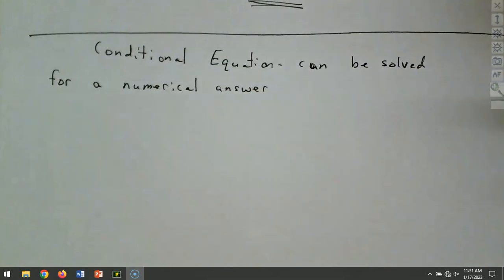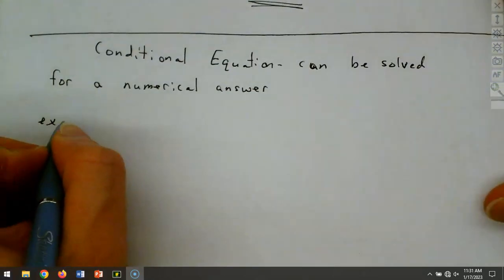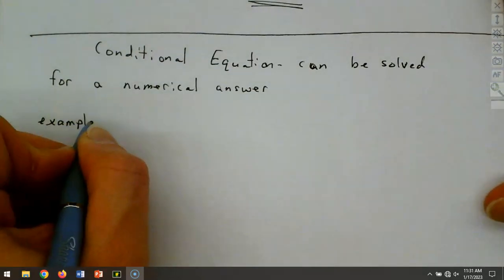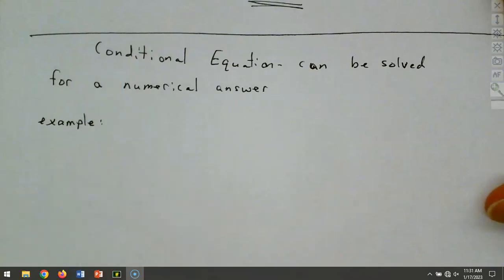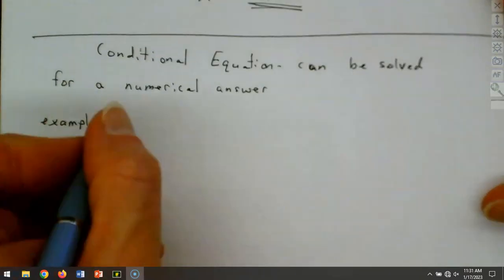So here's an example of a conditional equation. We did one before. The first one that we worked with was conditional. But let's do another one. And this one's got fractions on it. So let's review how to clear out and work with these fractions.